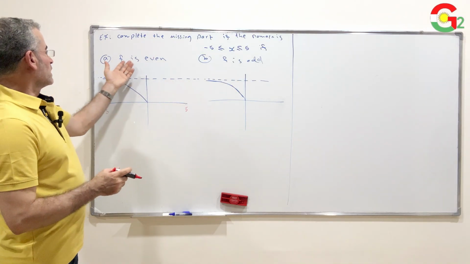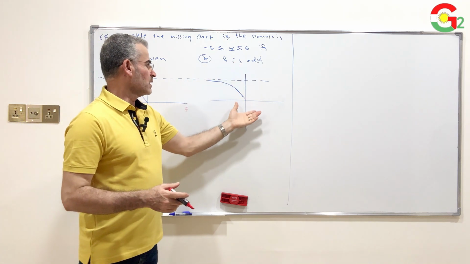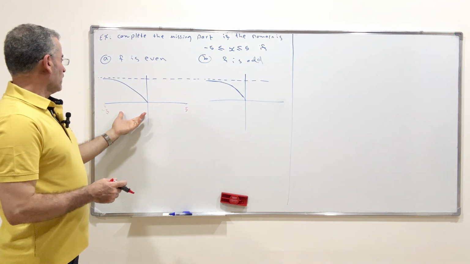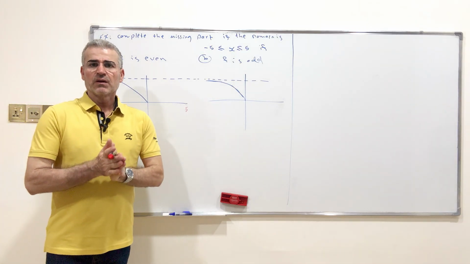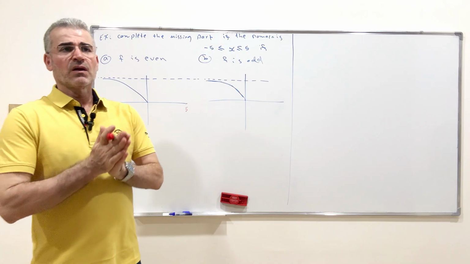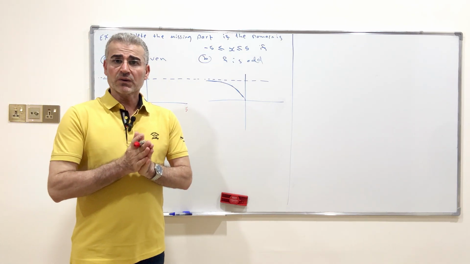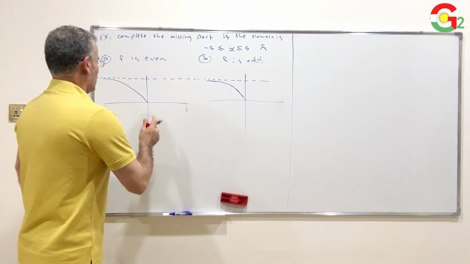In both cases, if f is even and if it is odd. If f is even, then when we change the sign of the x coordinate, the sign of the y coordinate is not changed.